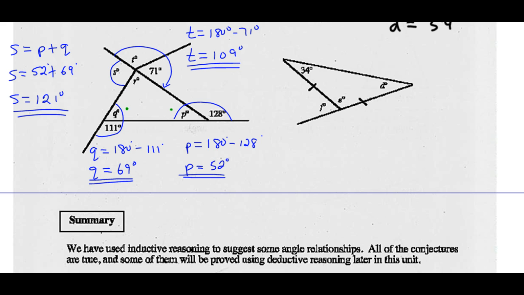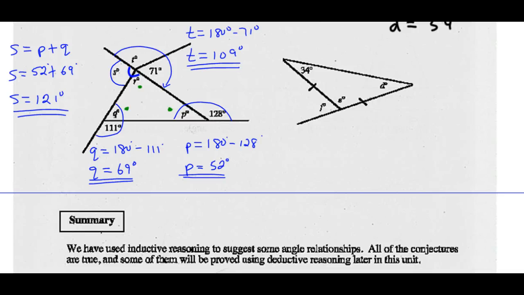And that just leaves us with angle R. There's a couple ways to get angle R. I know that three angles in a triangle have to add up to 180, and I know two of those already. You could use the sum of the angles of a triangle, or you could say that these angles along a straight line add up to 180.